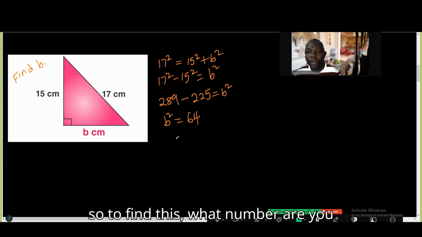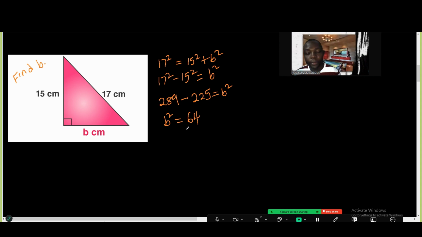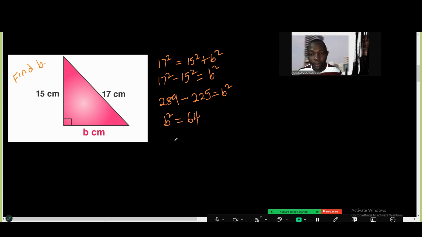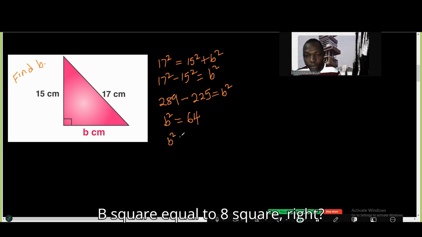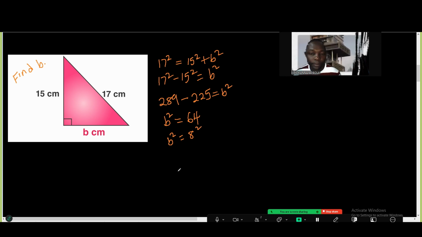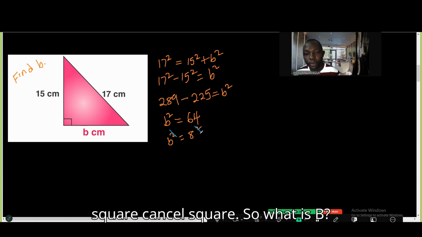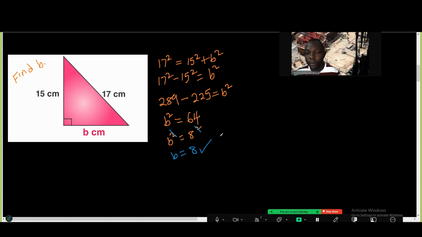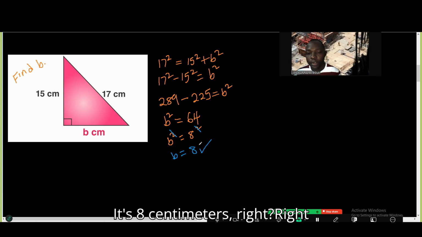Okay. So to find this, what number are you going to square to get 64? B squared equals 8 squared, right? Yes. Square cancels square. So what is B? It's 8 centimeters, right?